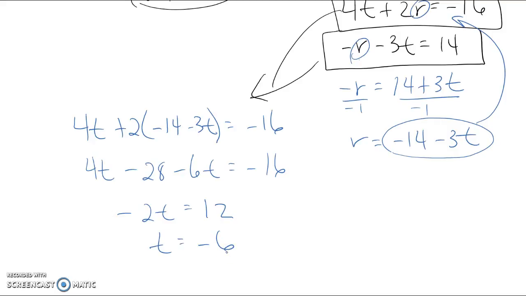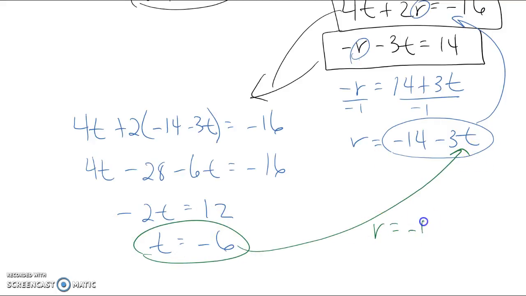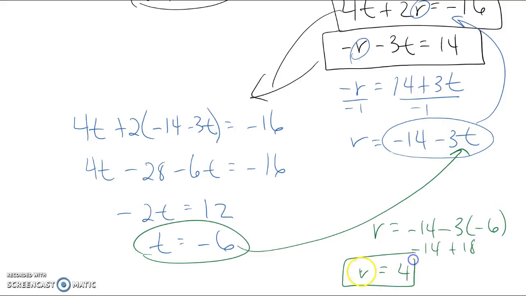Now, once you find one of these, you just go back and loop through your whole problem to try to find everything else. What that means for me is I'd take it and plug it into the one I just left behind, and find my r. So -14 plus 18, so r would be 4. So I've got t is -6, r is 4, and then we have to find s.